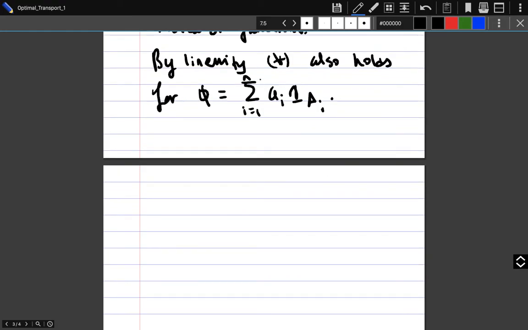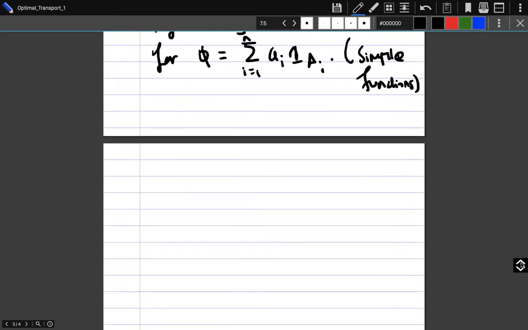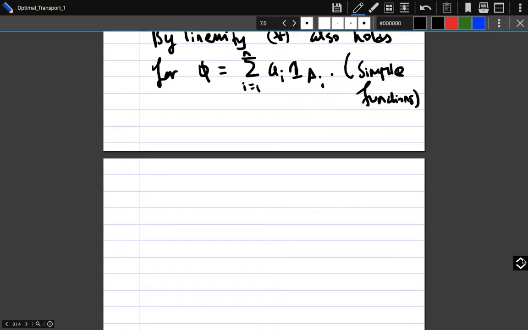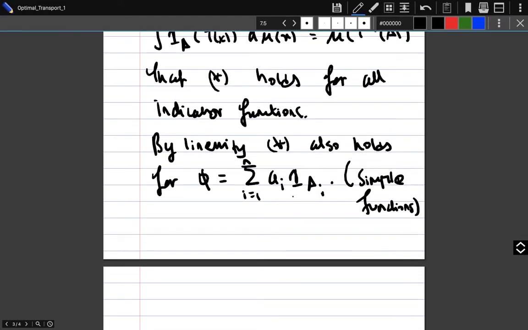Remember that these are usually called simple functions, right? So we know that simple functions are dense, and that means that any bounded function can be uniformly approximated by a sequence of simple functions. And so notice, this argument builds in steps. You prove it for indicator functions. By linearity, you also get the property to be true for simple functions.